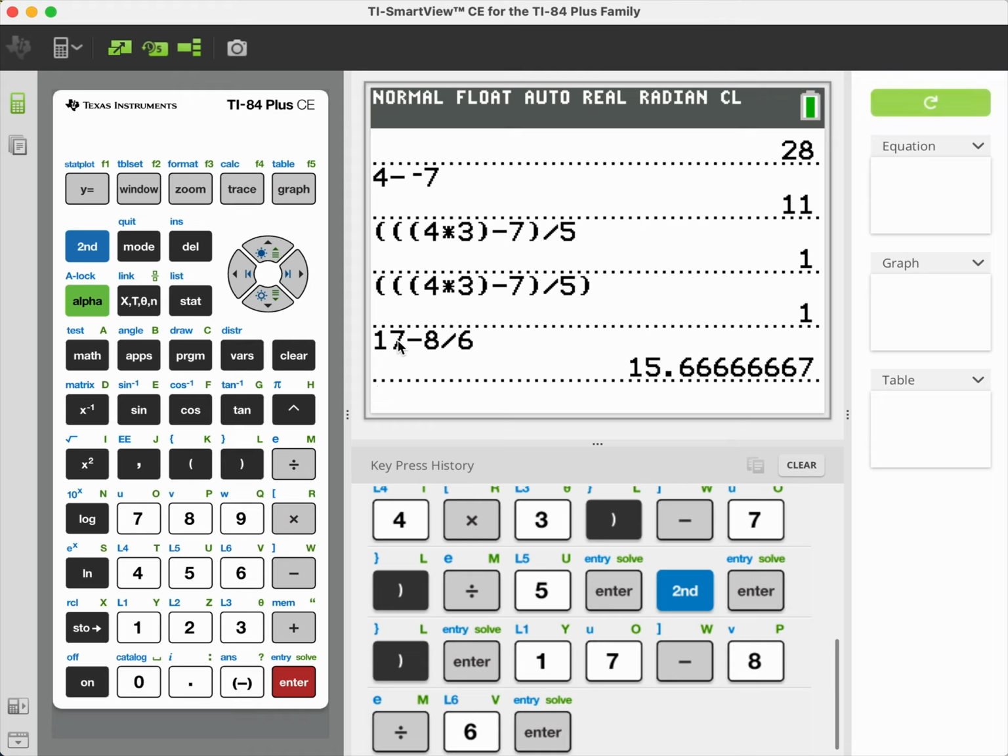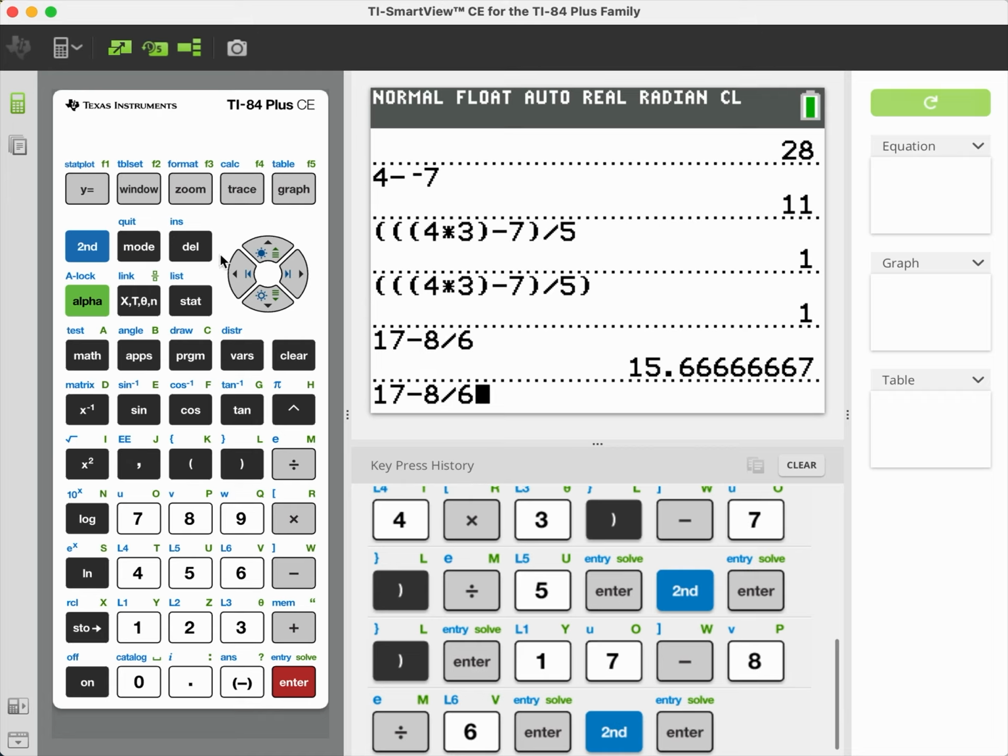Let's keep the entry that I got. This would be quicker to just redo, adding the parentheses as I go, but I'm going to show you how to edit an entry. So I want that entry back: second, enter. I'm going to navigate using my navigation keys back on top of the first digit.